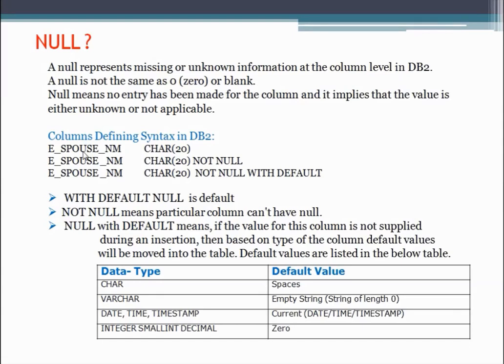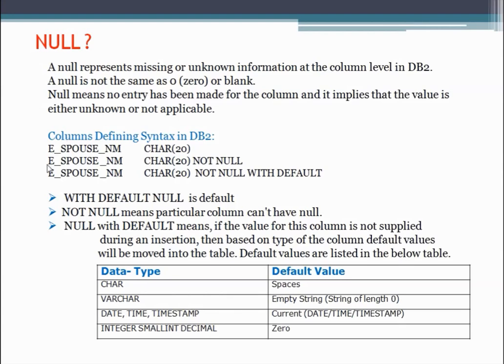For defining that employee spouse name column, we can define it using any one of these three. Assuming we have defined the employee spouse name using this syntax, now let's say we are trying to insert into the employee table, and we are skipping this column value during insert. After the insert is done, this column value will be null because by default it is with default null.